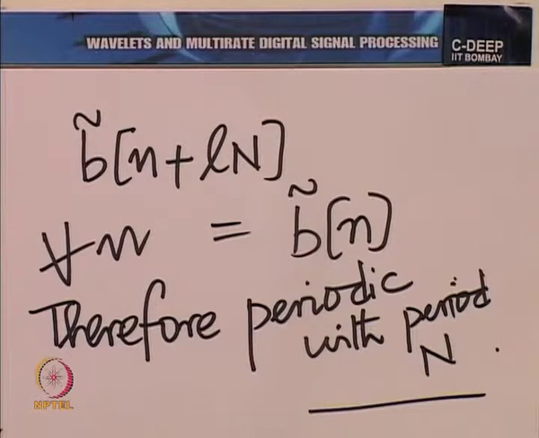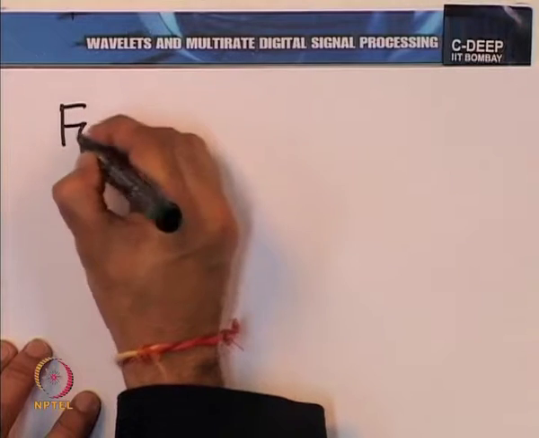So, here we have a mechanism for generating a periodic sequence by using a combination of exponentials. Let us exploit that. Let us now take the case of capital M equal to 2. There it is easy.